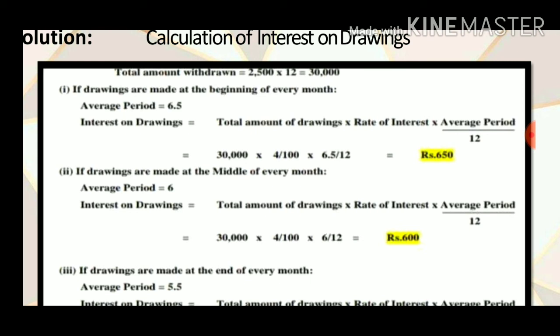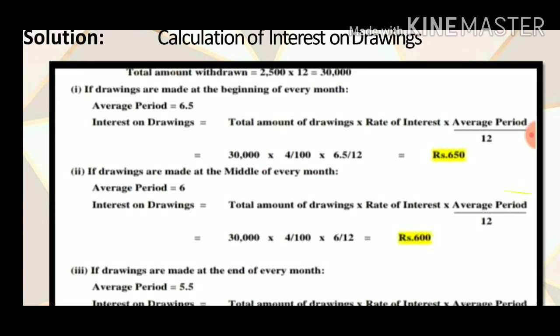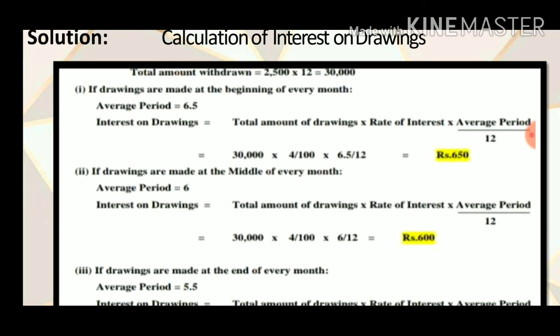The total amount is already found: 30,000 into 4/100, and then the very important average period. To do this problem, you must find two values: first the total amount of drawings, then the average period.